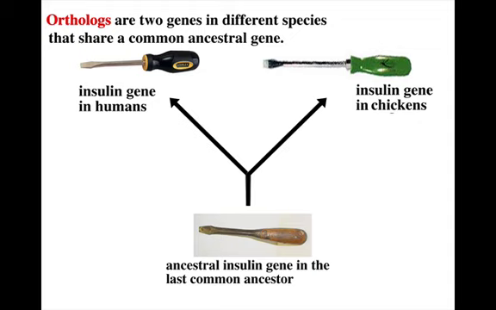Orthologs are 2 genes in different species that share a common ancestral gene. Again, that's an interpretation of the history of the relationship, but we'll use that concept a lot in this course. And again, orthologs are genes in different species. So the human insulin gene has an insulin gene ortholog in a chicken.